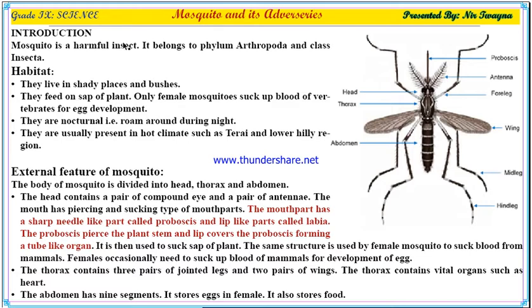Okay. Now, mosquito is considered a harmful insect, and it belongs to phylum Arthropoda and class Insecta. Well, phylum Arthropoda means it has jointed appendages, and class Insecta means it has 3 pairs of jointed legs.